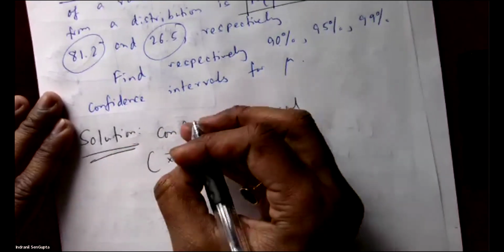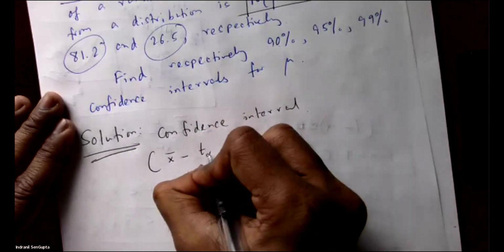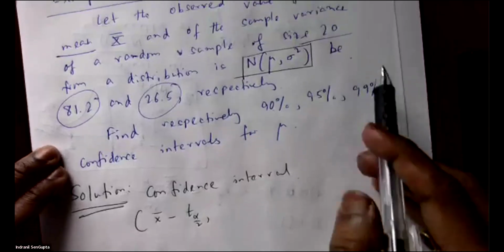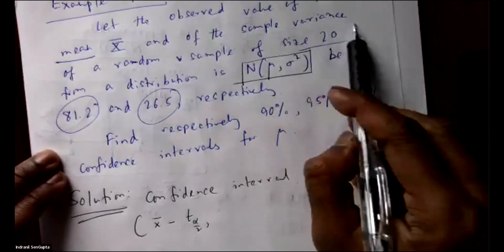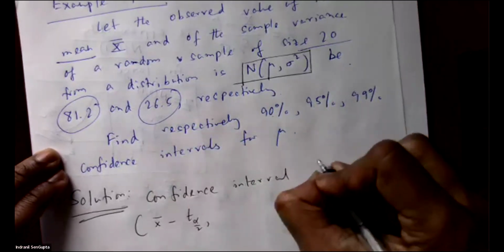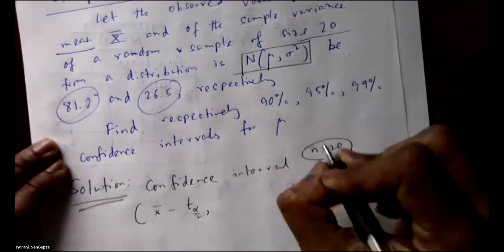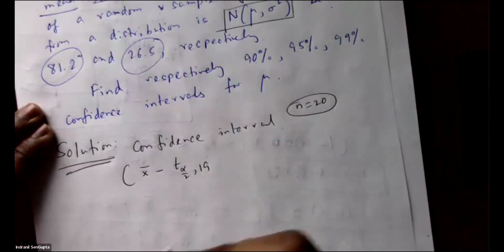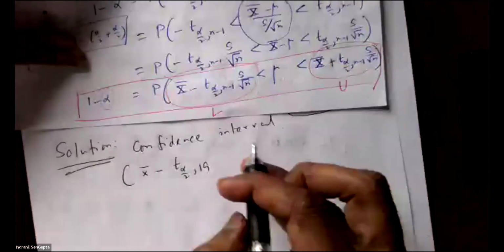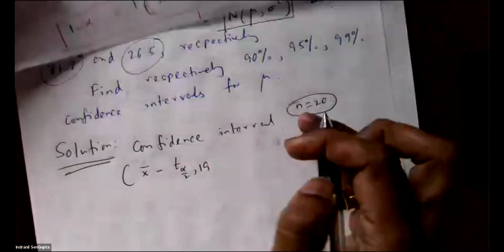x bar minus t of alpha over 2. What is the degrees of freedom here? The sample size n is 20, so n minus 1 is 19. So it's x bar minus this one times s over square root of n.